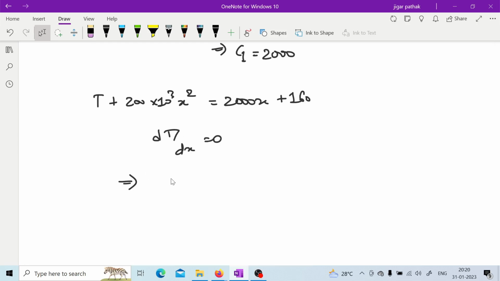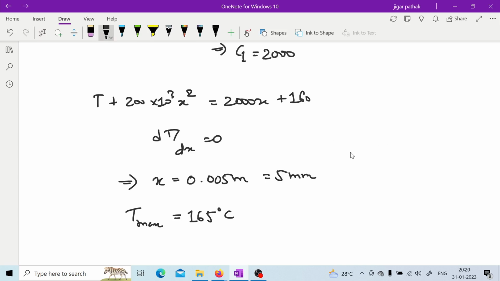If you apply this, you can directly calculate x, which will come 0.005 meter, so 5 mm. And if you put x is equal to 5 mm in that equation, then your T max will come 165 degrees centigrade. Is it clear?